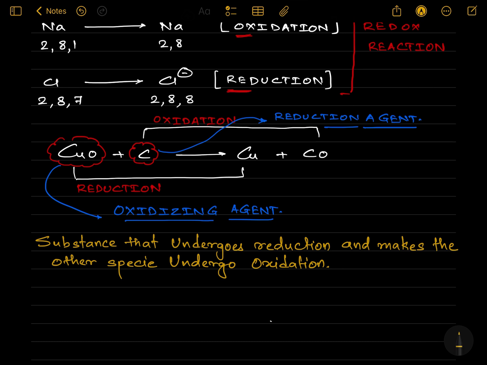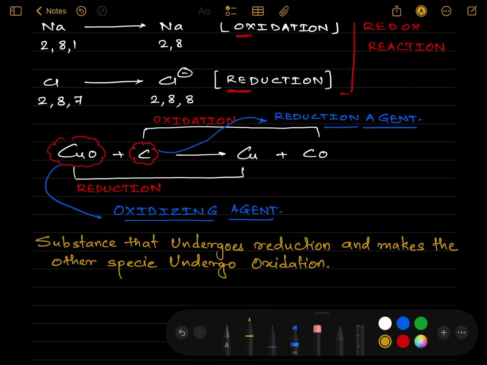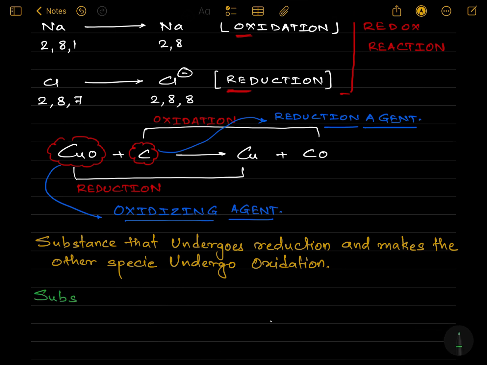Similarly, how would you define a reducing agent? A reducing agent is again a substance that undergoes oxidation. Very good, it undergoes oxidation. Because you have to define a reducing agent, it's undergoing oxidation.